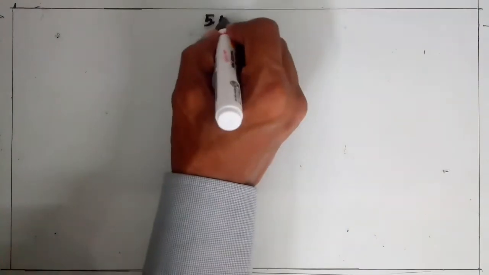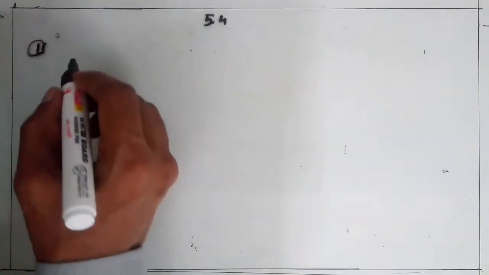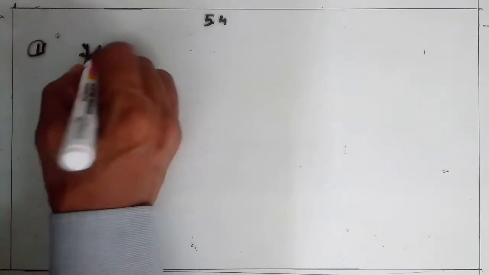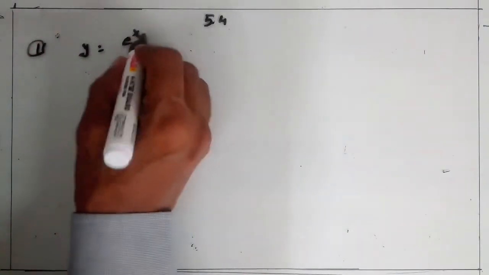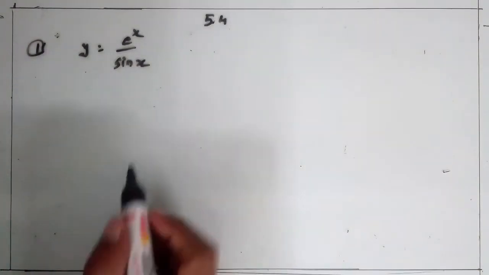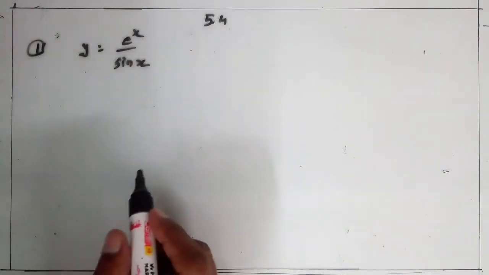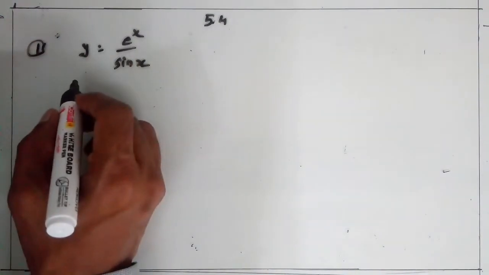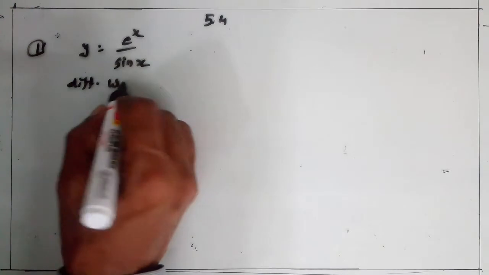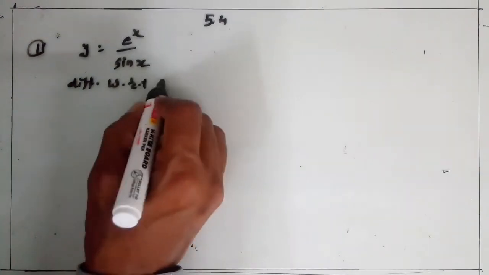Now here we solve some questions of exercise 5.4. First, find the derivative of y is equal to e raised to x upon sin x. Differentiate with respect to x.